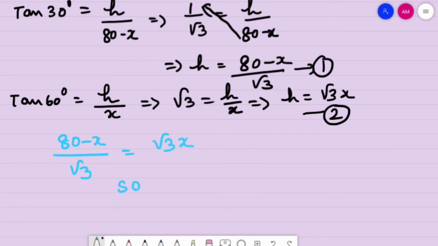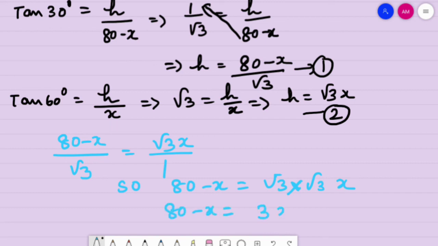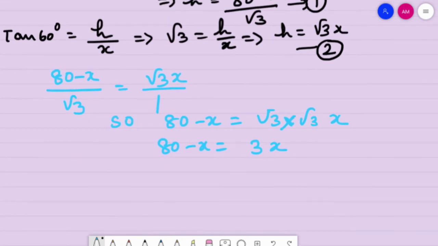So see here, if you do the cross multiplication, you will know that 80 minus X is equal to root 3 into root 3 X. Now see, root 3 into root 3 will be 3, so 80 minus X is equal to 3X.